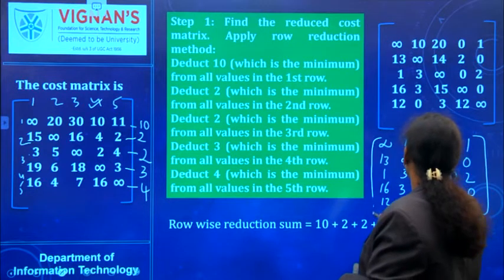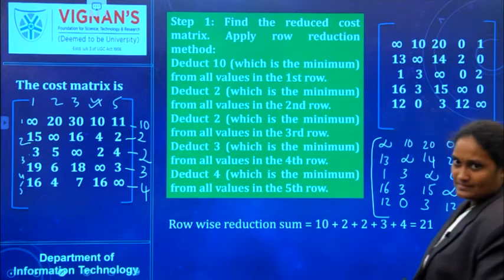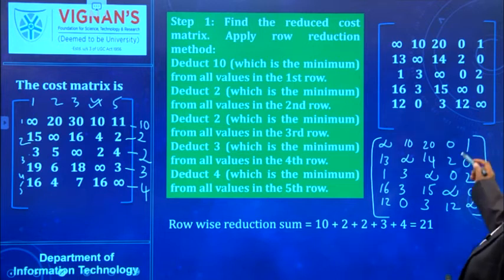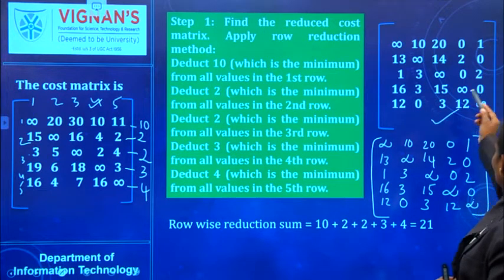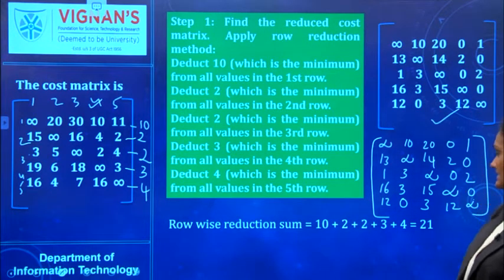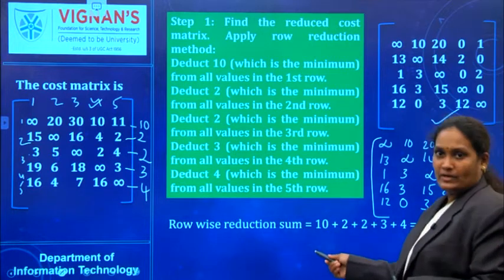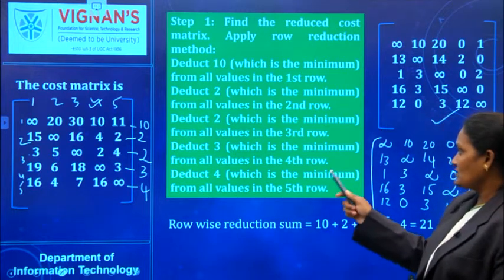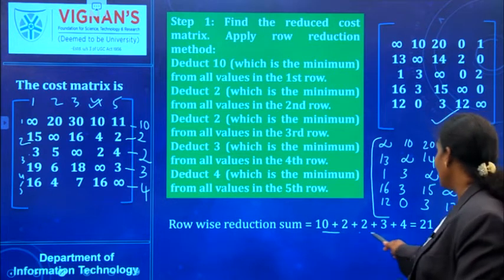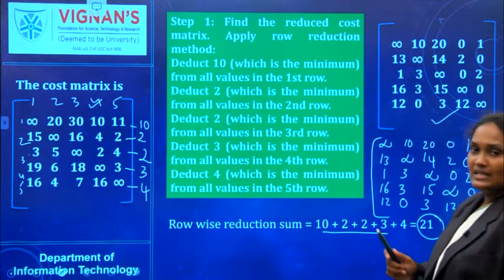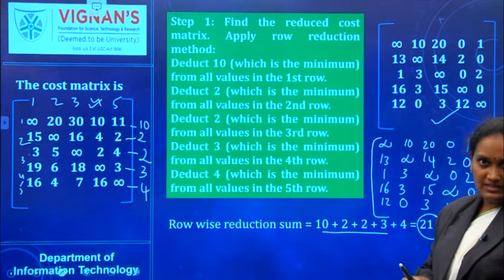This is the row reduced matrix. Now what is the total row reduction? 10 plus 2 plus 2 plus 3 plus 4, which becomes 21. Total row reduction is 21.